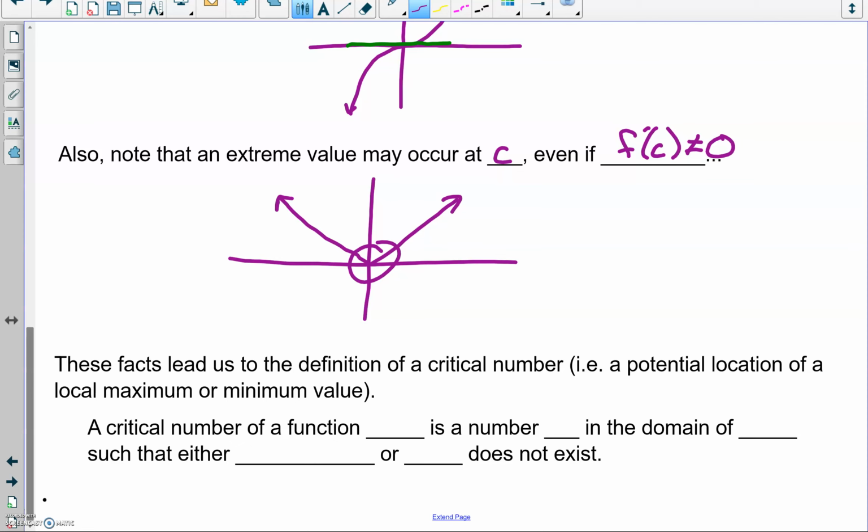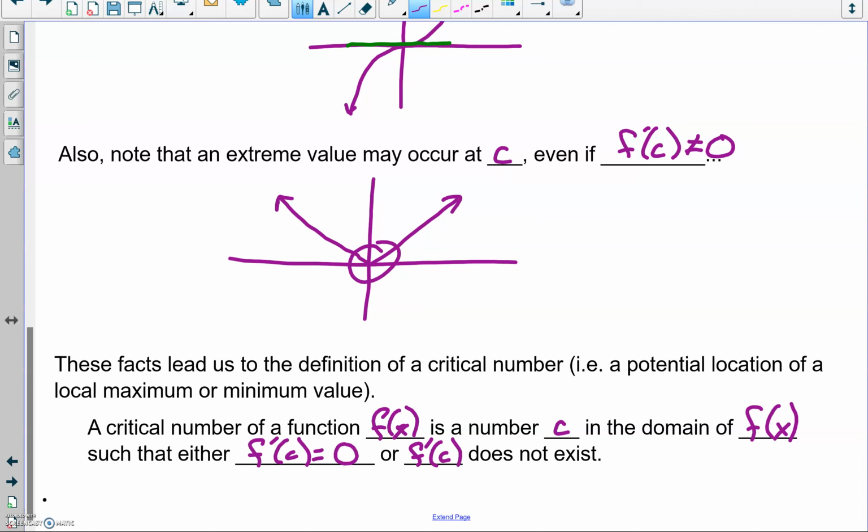These facts lead us to the definition of a critical number, i.e. a potential location of a local maximum or minimum value. A critical number of a function f of x is a number c in the domain of f of x such that either f prime of c is equal to 0 or f prime of c does not exist.